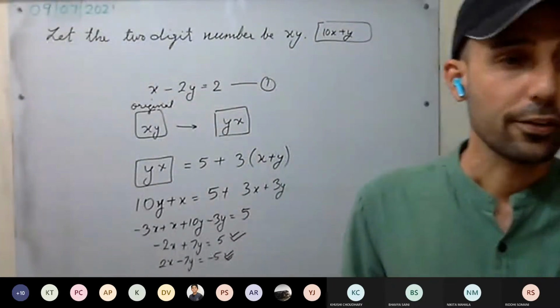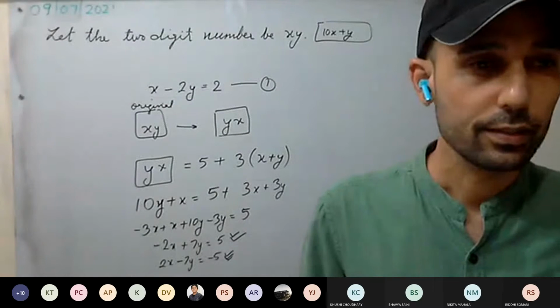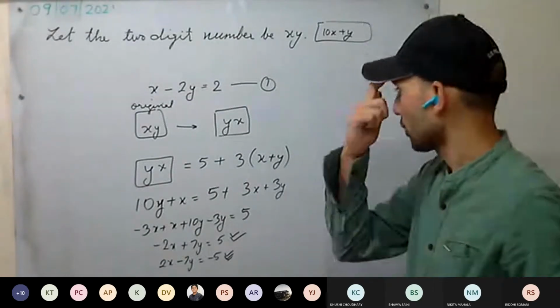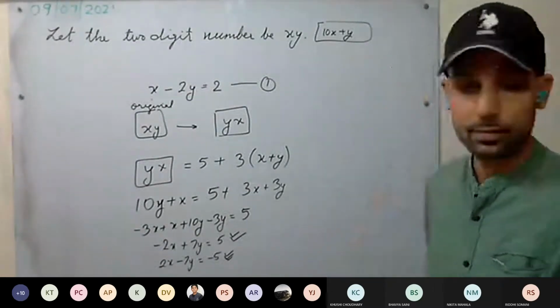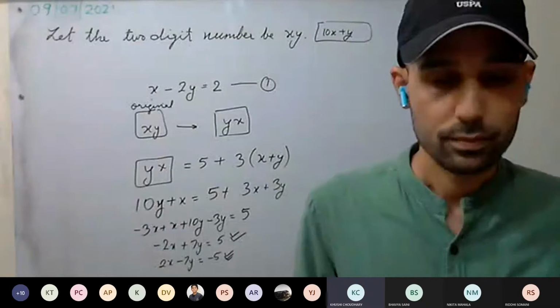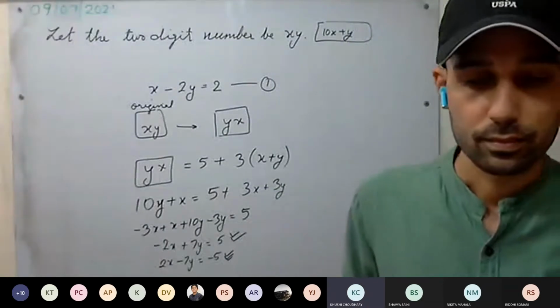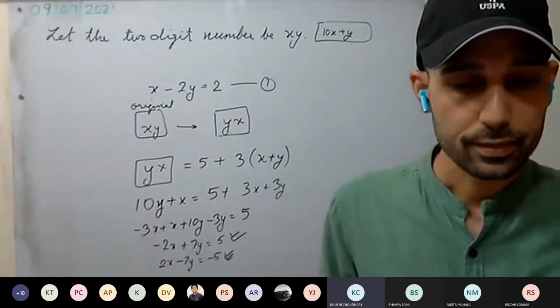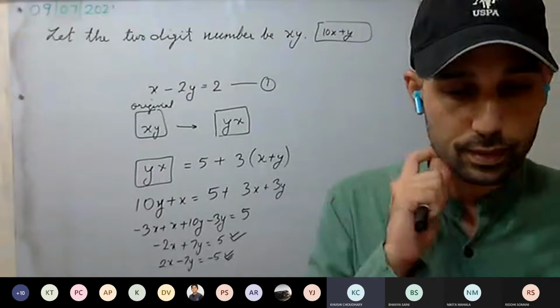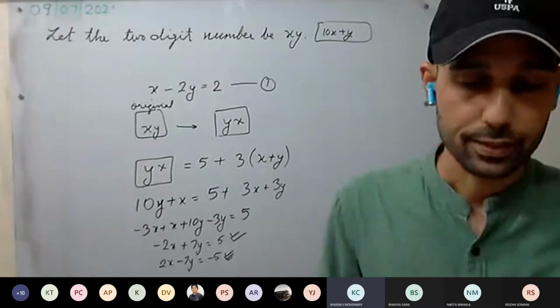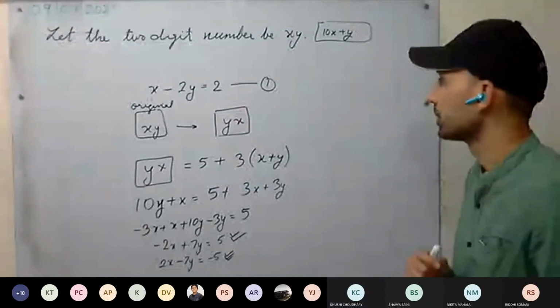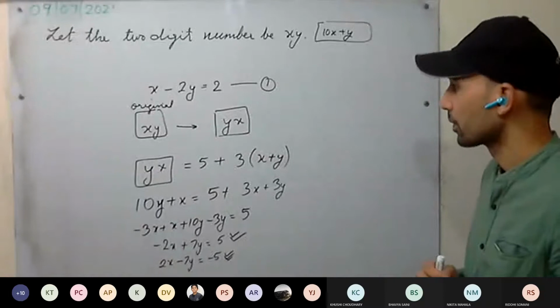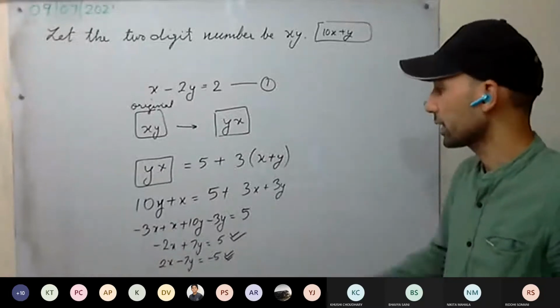Solve them. Everyone solve for x and y. X is 8 and y is 3. Yes.